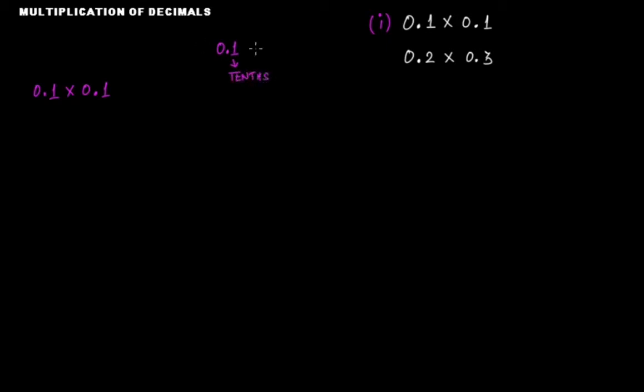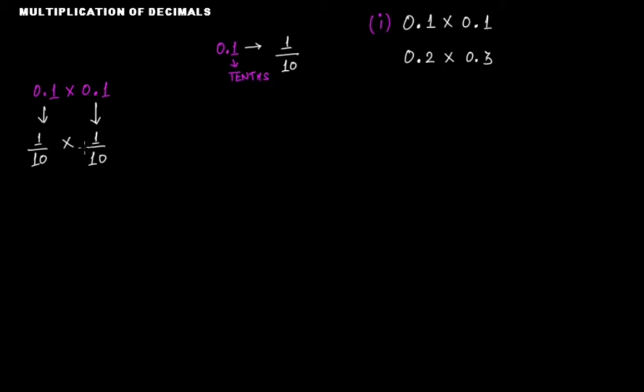Therefore, this 0.1 can be written as 1 over 10. This is a very basic concept which we learned in decimals. Since the 1 is at the tenths place, we can write 0.1 as 1 over 10, and we have to multiply it.